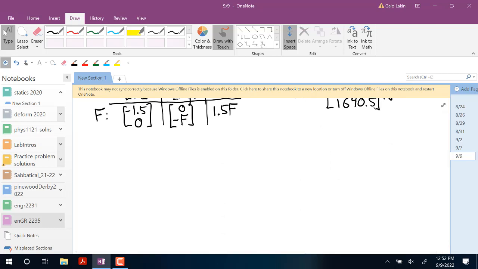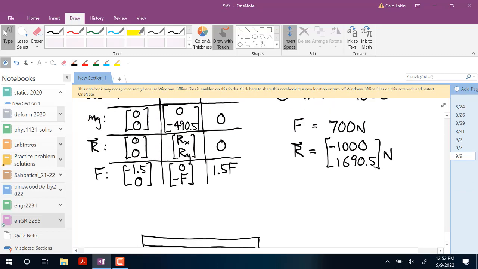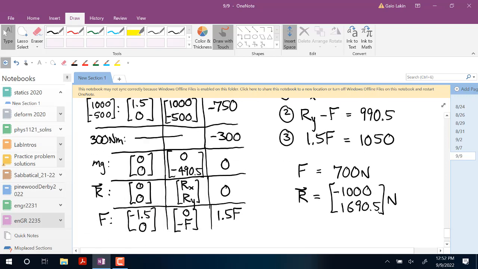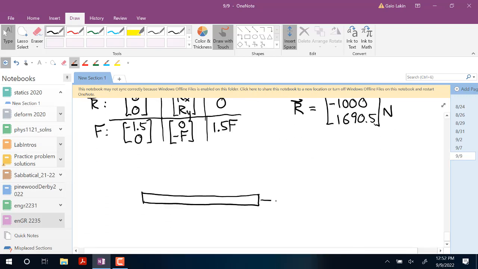And so the last thing we're supposed to do, it said, was to write this all in a free body diagram. So you have those two forces. You have the weight force. You have the couple.